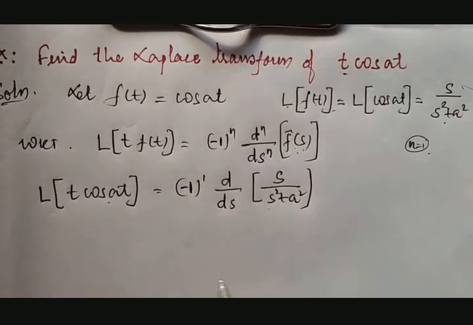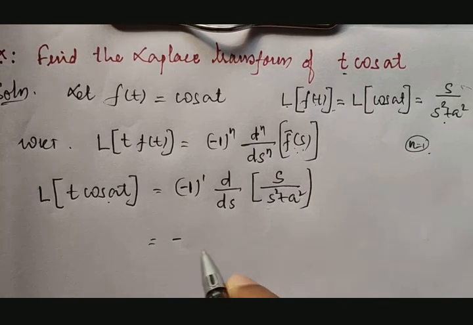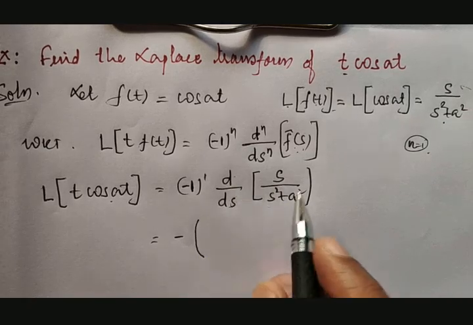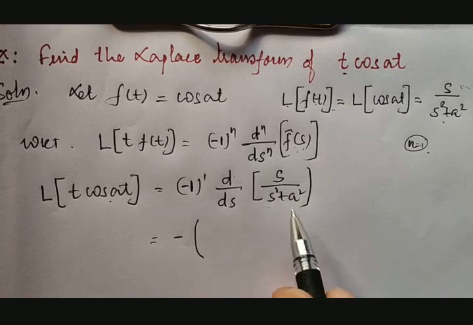Okay, so what next? Here we can see minus 1 raised to 1 is minus d by ds of this, meaning differentiation of this function with respect to s once. It is like u by v form.